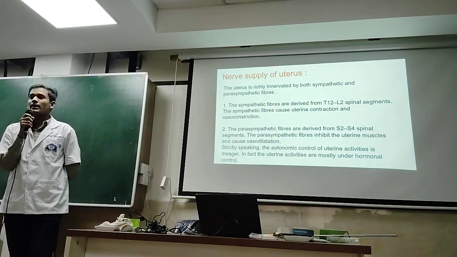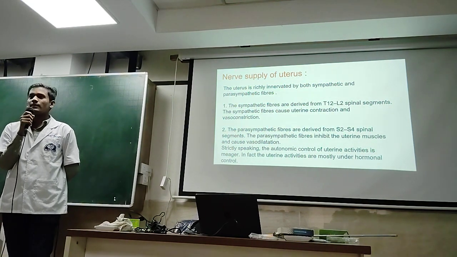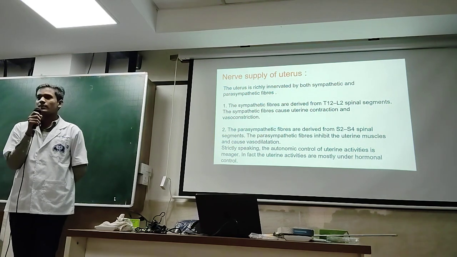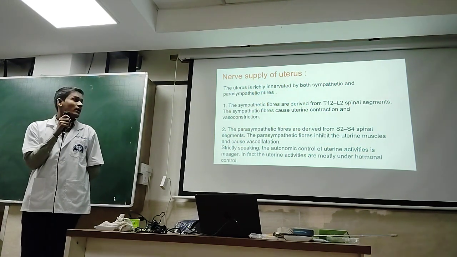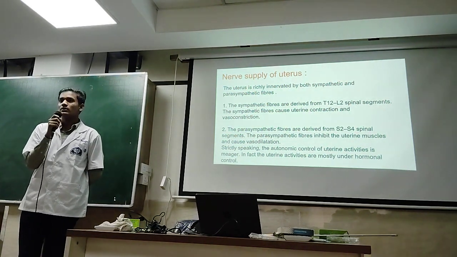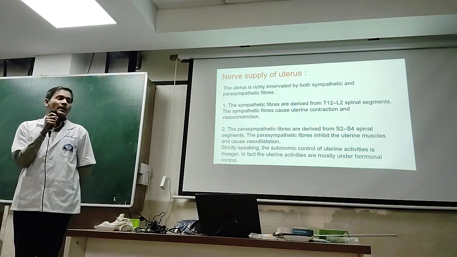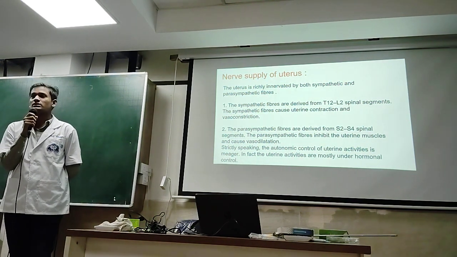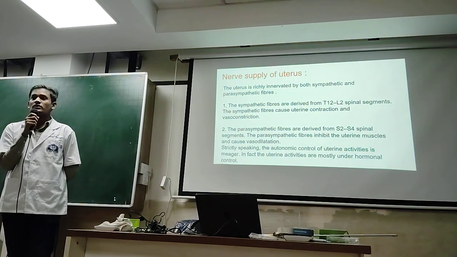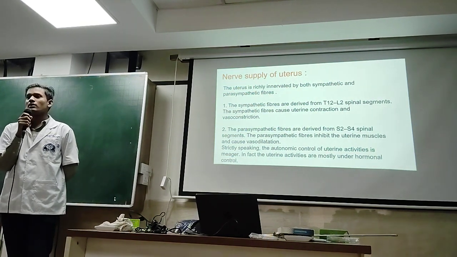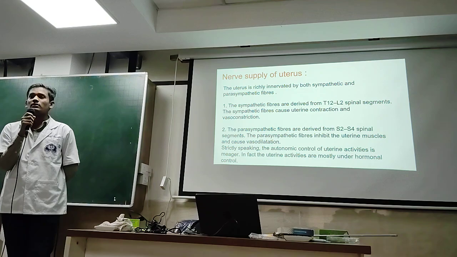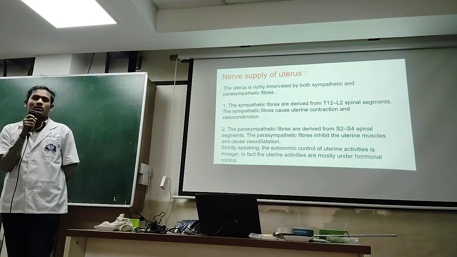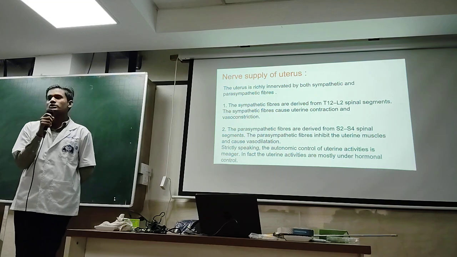The sympathetic supply is from the T12, L1 and L2 segments of the spinal cord, which causes uterine contraction and vasoconstriction. The parasympathetic supply is from the S1, S2, S3 and S4 segments, which causes inhibition of uterine muscle contraction and vasodilation. Mainly hormones control the uterus, and autoregulation of the uterus is less.